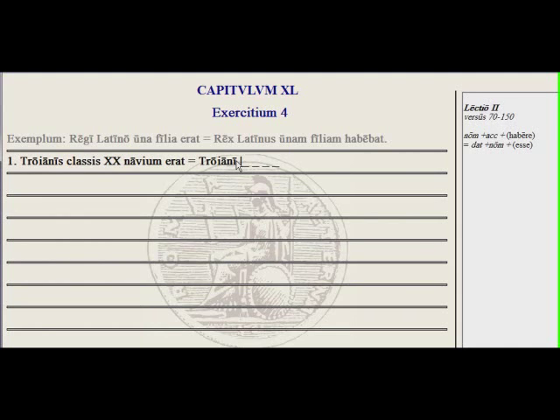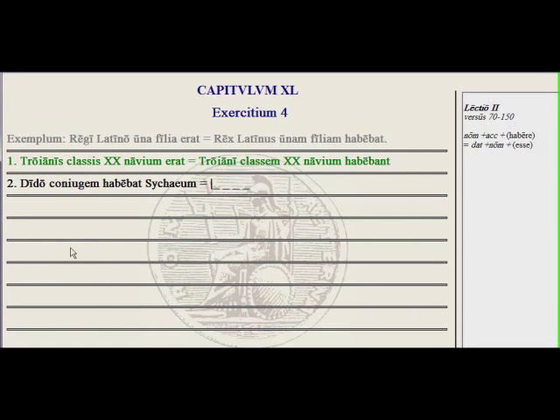And fleet, classis, becomes the accusative singular, classem. Vicentesimarum navium stays the same. And then erat becomes habe-, not singular but, because now we're not saying there was a fleet, we're saying the Trojans had a fleet. So habebant. And there we go. So you can see how the construction changes from the dative construction to the regular nominative accusative construction.